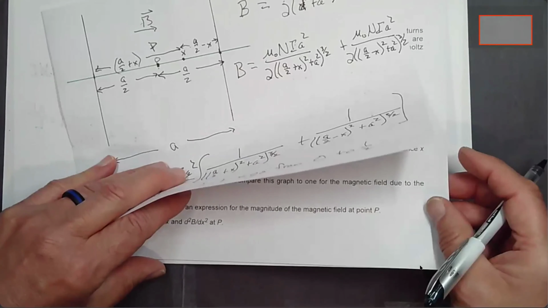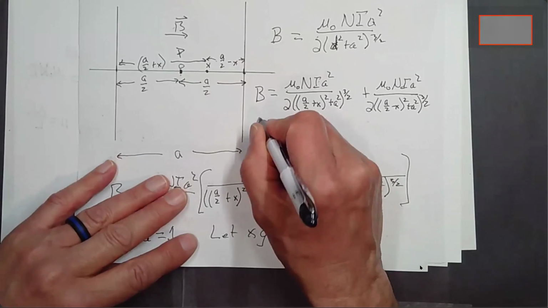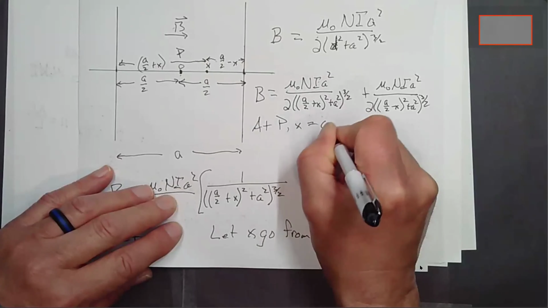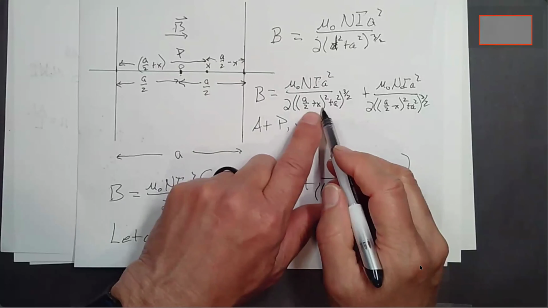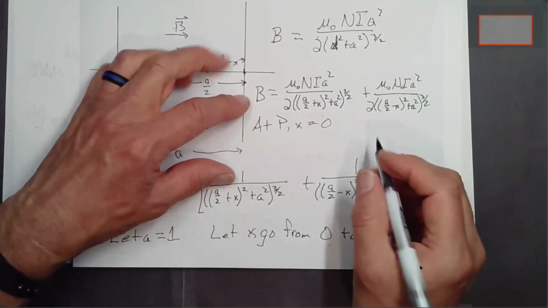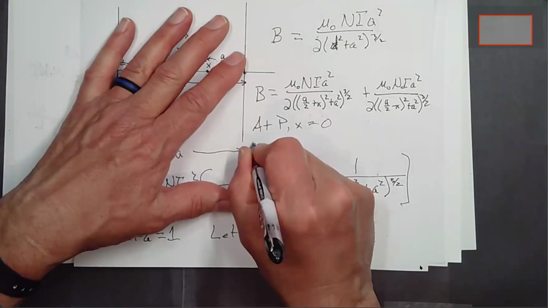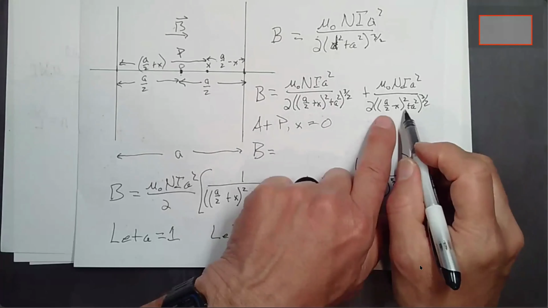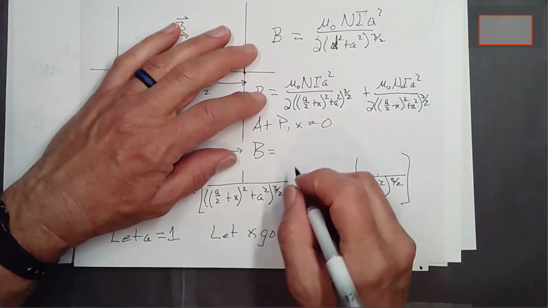So at P, X is equal to 0. So I can just set X equal to 0 in here and see what we get. And I'll have B equals, actually, these two things are going to be equal to each other.